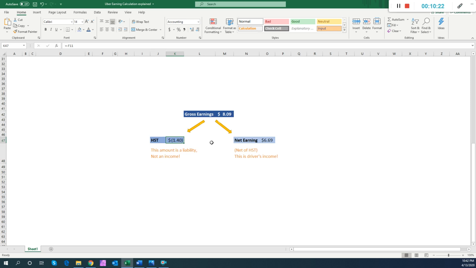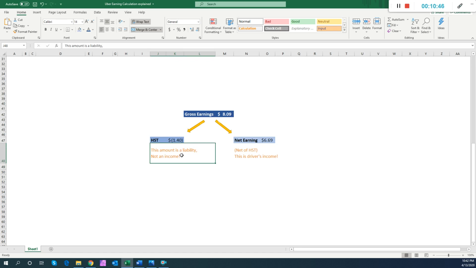A lot of drivers consider this as their income, and at the end of the year, when they go to an accountant to file their taxes, they are surprised to see that they have to pay some amount of HST, the net amount of HST, which the accountant would calculate.